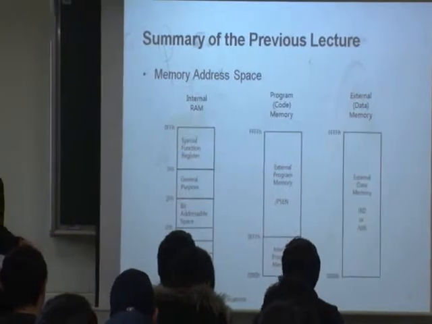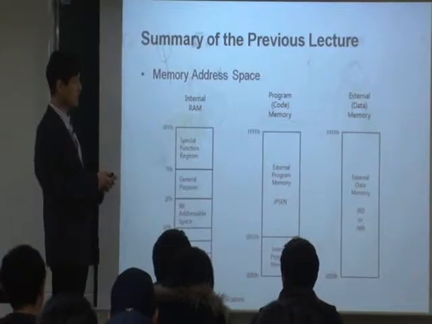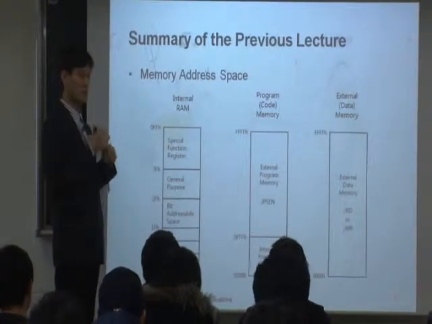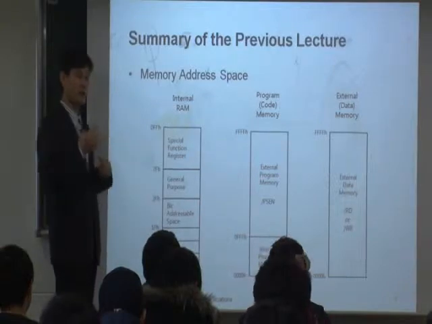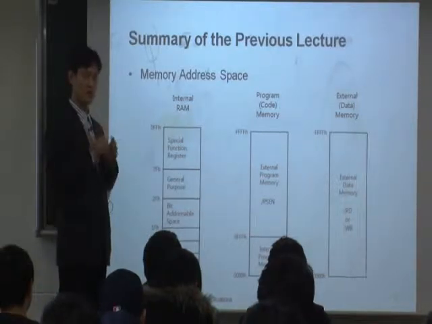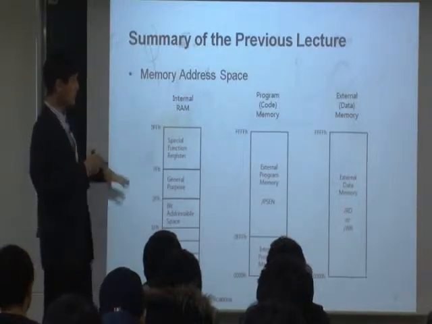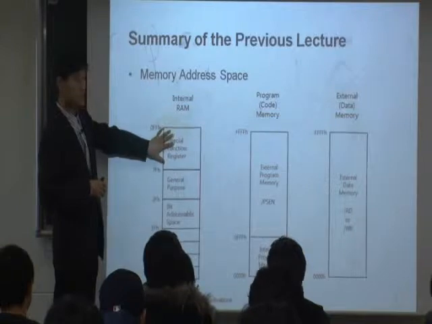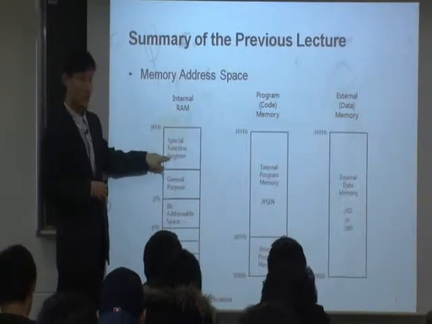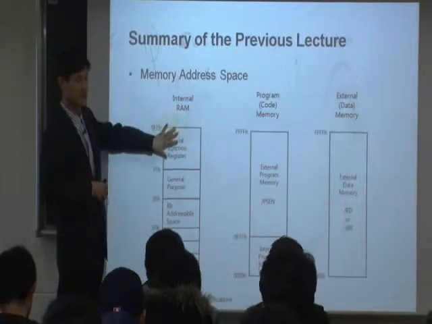I didn't include it here, but remember that last week we learned pretty much all the registers we see, like accumulator, A, B, or P0, P1, and all those registers, right? PSW, program status word. Those registers are here, okay? So this is designed for special purpose, special function registers. So you are not going to do anything with this.